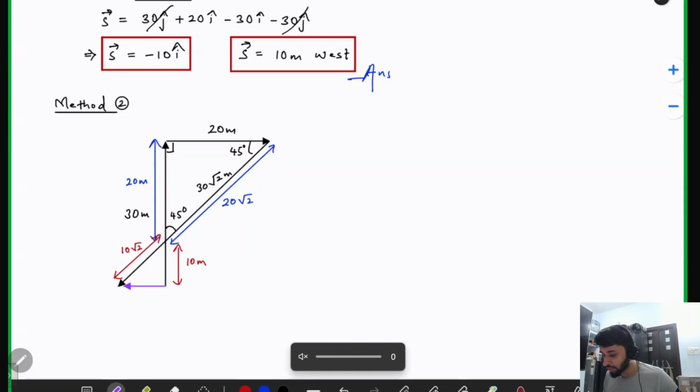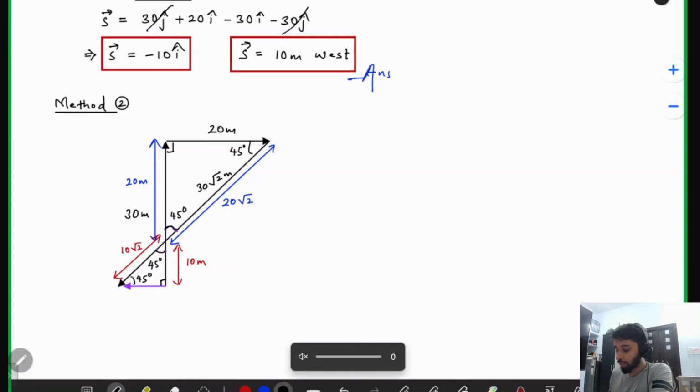So you can see this angle is 45 degree. This angle will also be 45 degree. Now you have to understand that this will actually be a right angle triangle, because 10 root 2 cos 45 is 10 only, and this length is exactly equal to 10, which means it should form a right angle triangle.